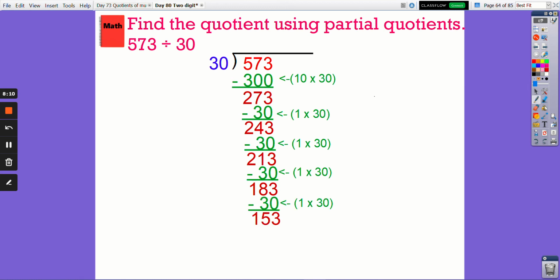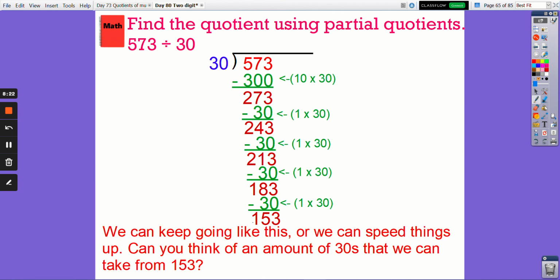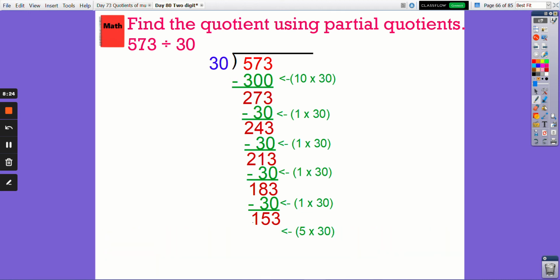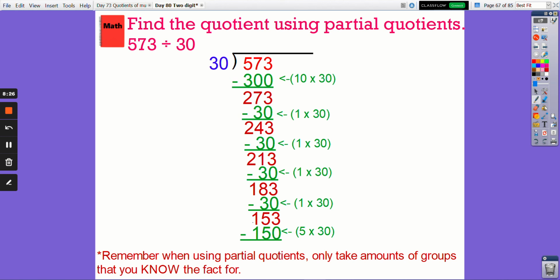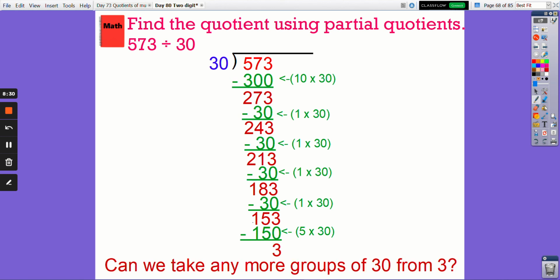With this, do you know anything? 3 times what is 15? 5. So could we pull out 5 groups of 30 here? We could. We could pull out 5 groups of 30, and that is 150, and we're left with 3.